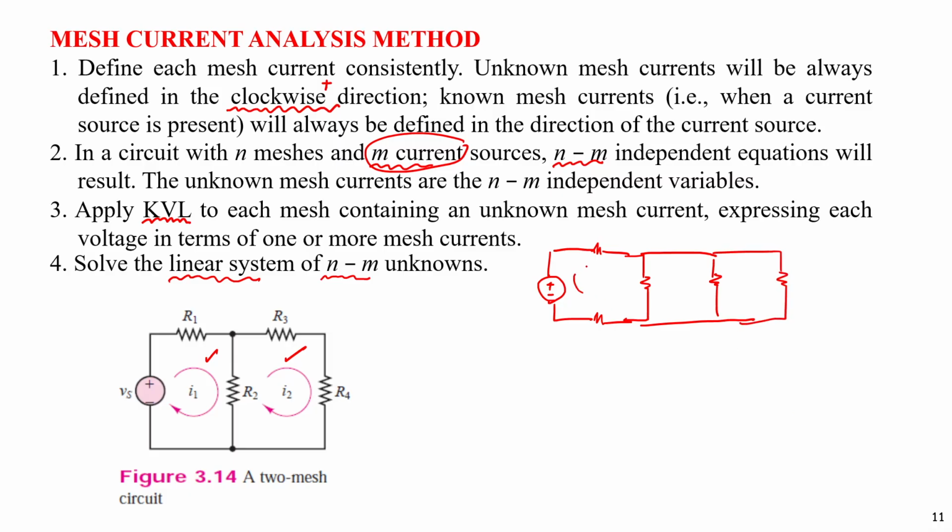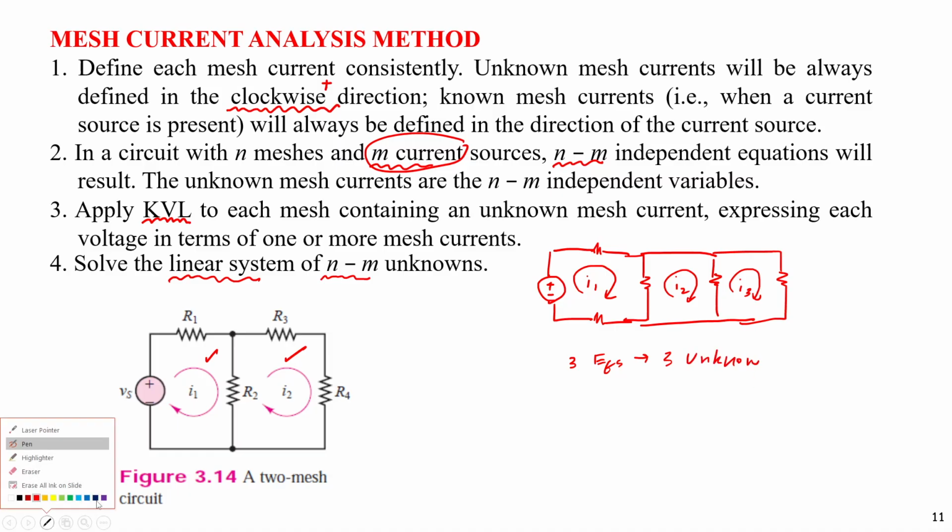in this case, we will have three meshes, I1, I2, I3. So we construct three equations and three unknowns. But if we have some current source, for example this current source IS, then we know that I3 equals IS.